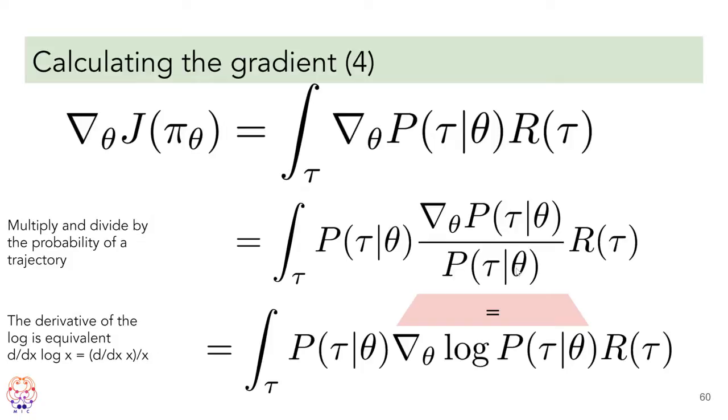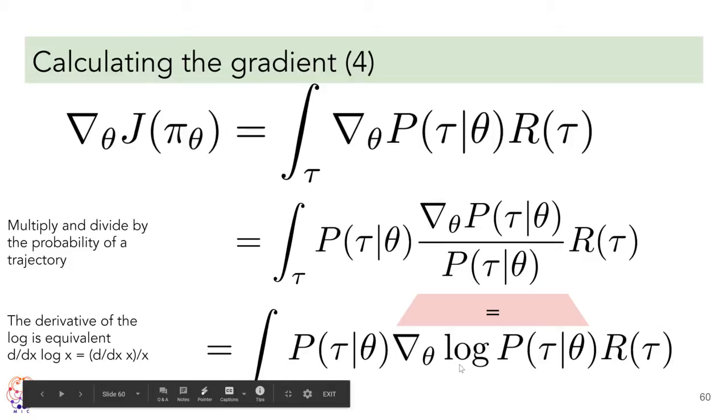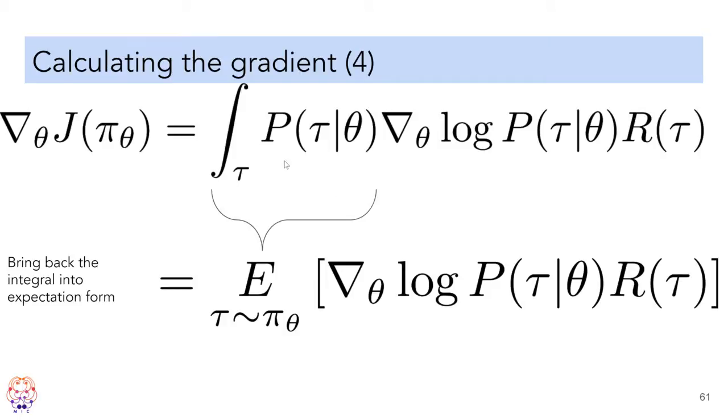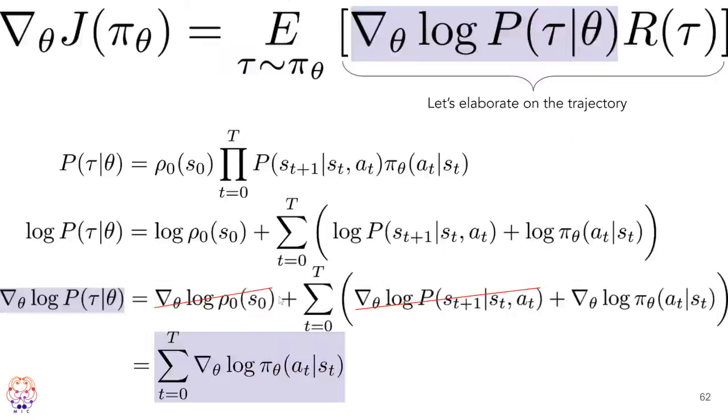But now we can say this instead looks like the derivative of a log of the probability. And so now we have this equation. And once we have that, we can turn this integral of probabilities back into an expectation form.